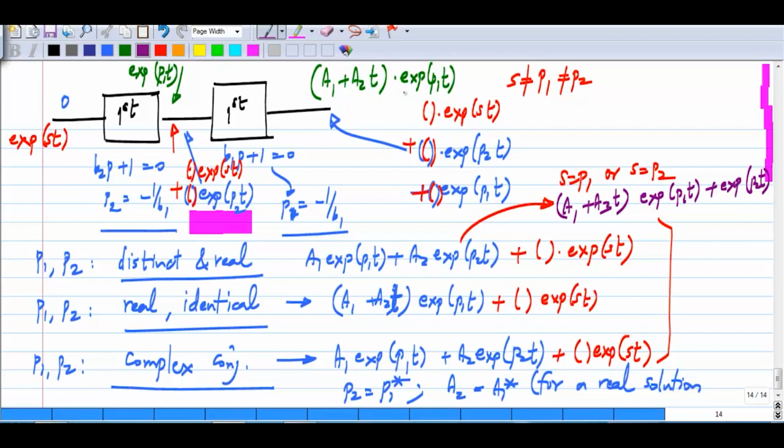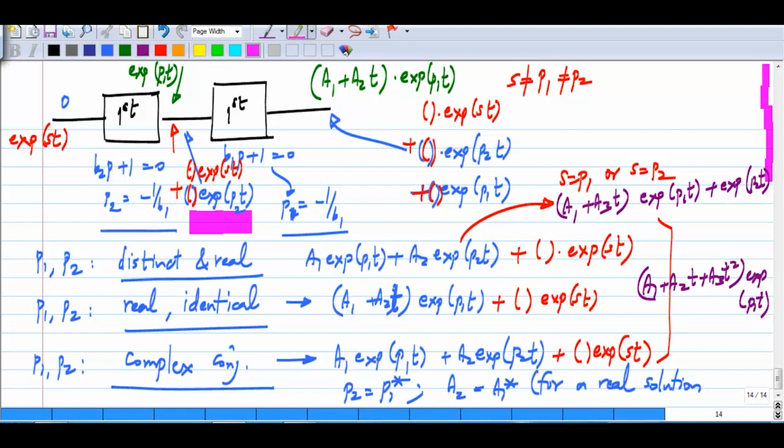Similarly, if S equals P2, we will have this coefficient of t multiplying exponential P2t. And similarly, in the second case, P1 and P2 are already identical. If S happens to be equal to P1, then we will get A1 plus A2t plus A3t square exponential P1t. So we get a t square term as well.